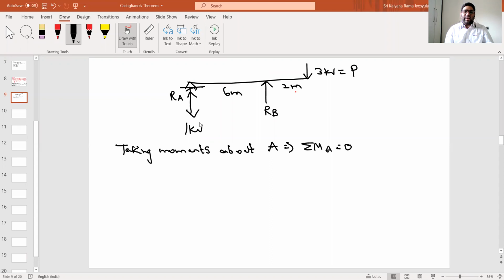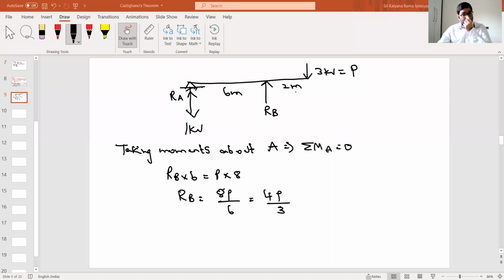So therefore, RB into 6 is equal to P into 8. So RB is equal to 8P by 6, that is equal to 4P by 3. So we got 4P by 3.